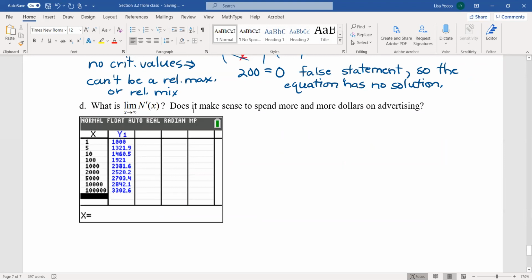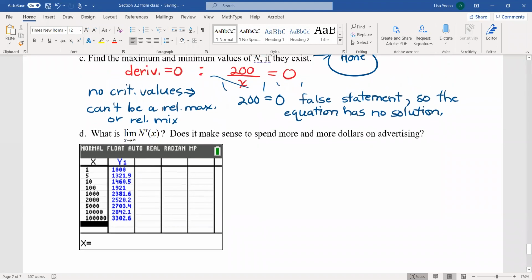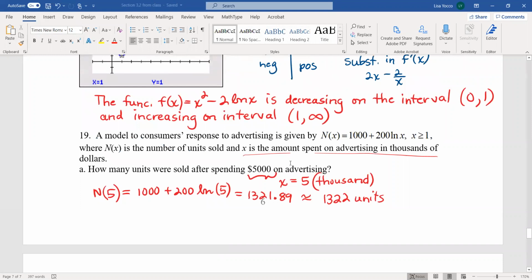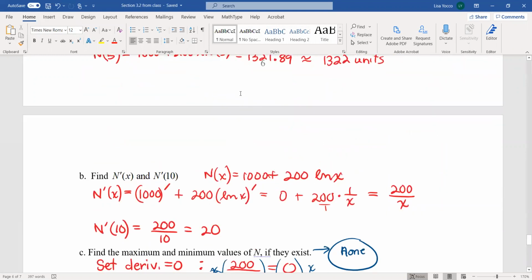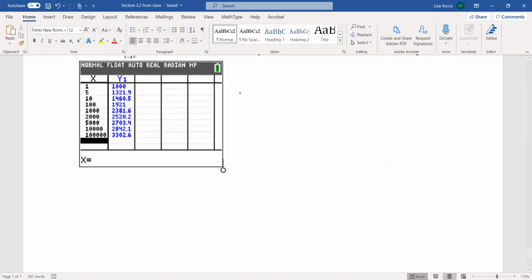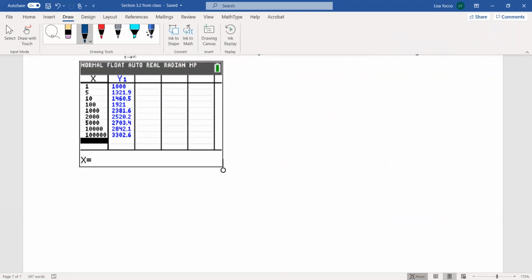So they're asking us to find the limit of the derivative as x approaches infinity. I'm not sure that we want the limit of the derivative, but the limit of the function. So let's go back and remember what x is, the amount spent on advertising, and n is the number of units sold.